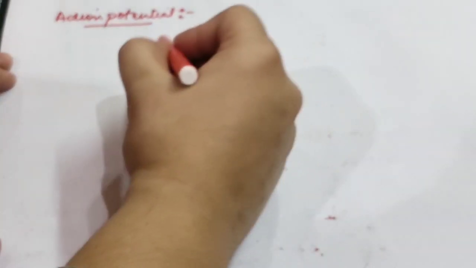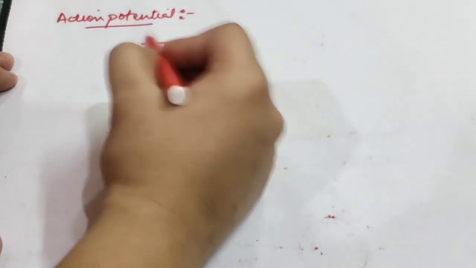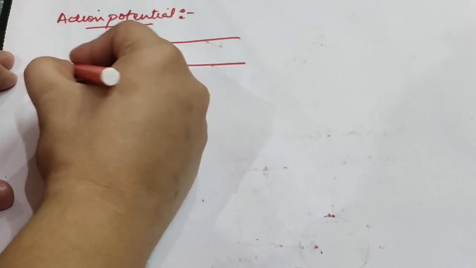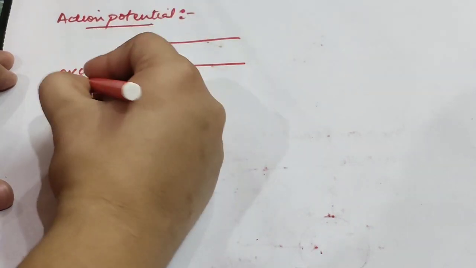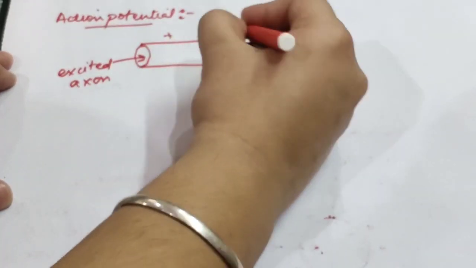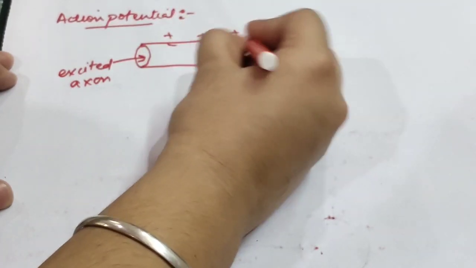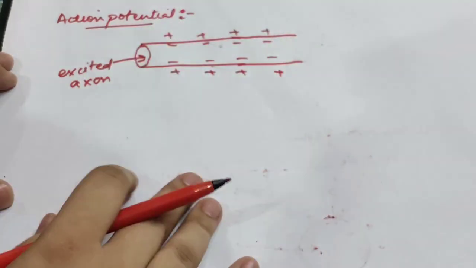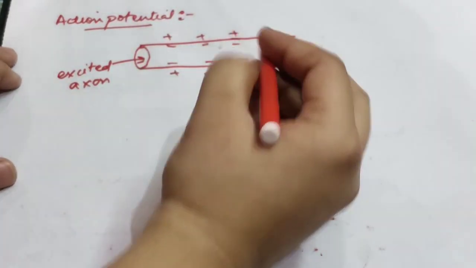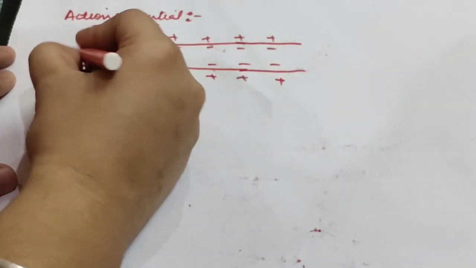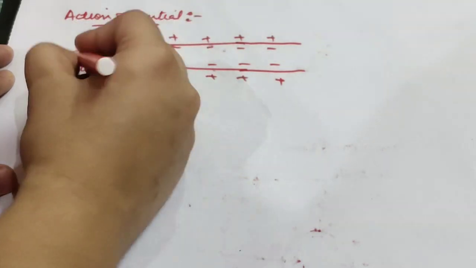Now when the neuron receives the signal, or when stimulation is provided to it, the axon becomes excited, right? In the resting phase, the outside is positively charged, and the inside is negatively charged. So what happens when the axon is excited? This is the resting axon.